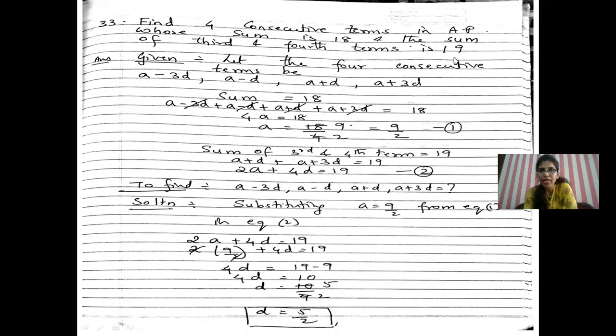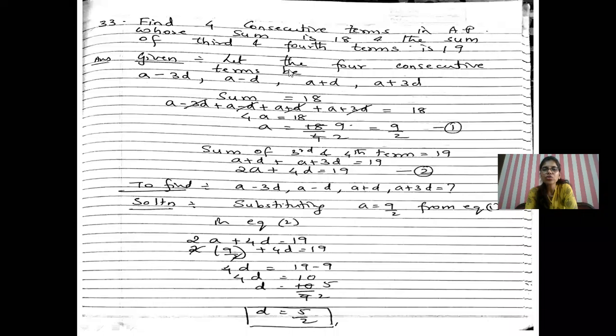and whenever it is an even number of terms, you are going to assume the values like this. You have to ignore A and subtract and add odd multiples of D, meaning A minus D, A plus D, A minus 3D, A plus 3D, subtracting and adding, both are going to be the same.